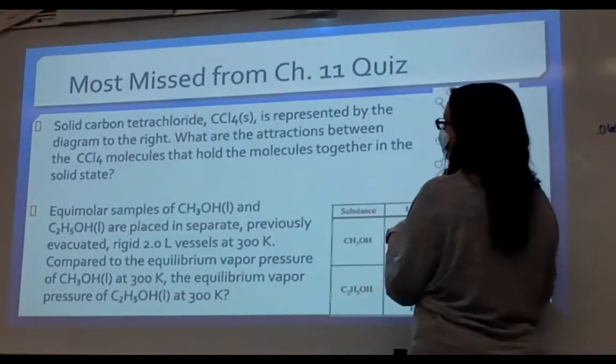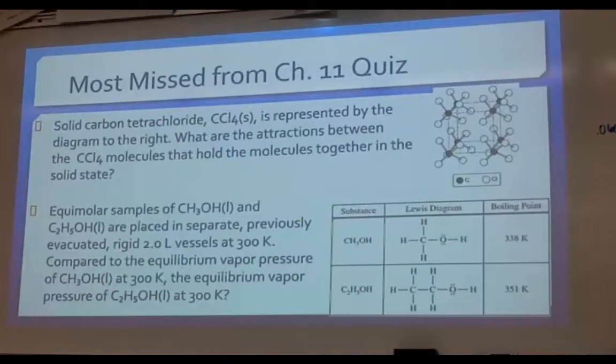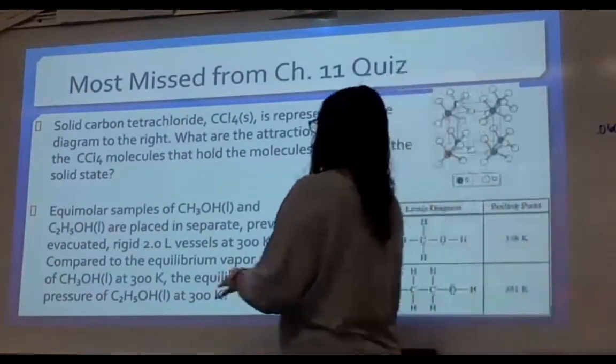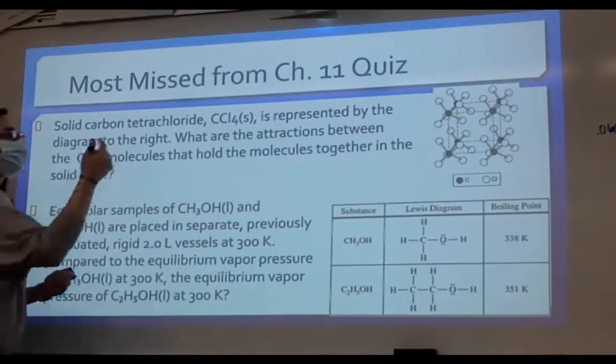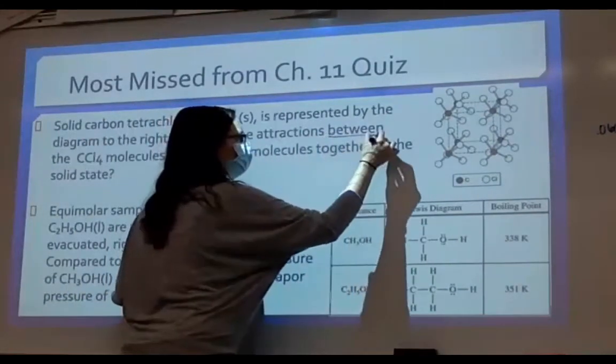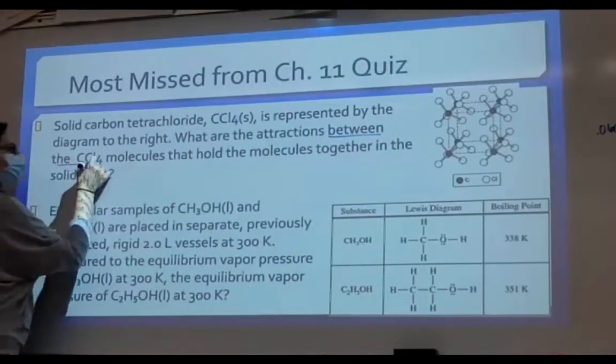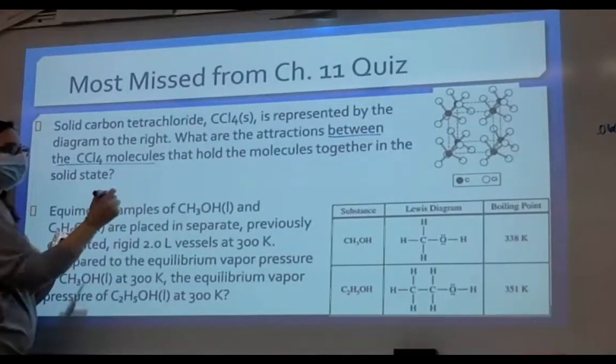What are the attractions between the CCl4 molecules that hold the molecules together? Remember these were all multiple choice. I just needed to save space, so I'm making it into short answer.